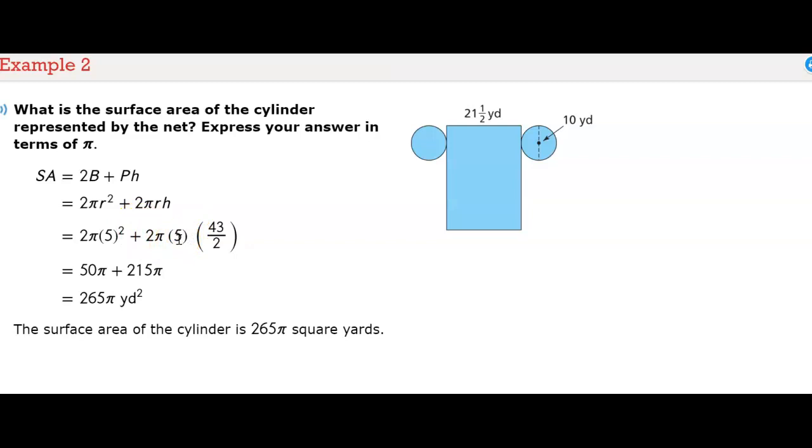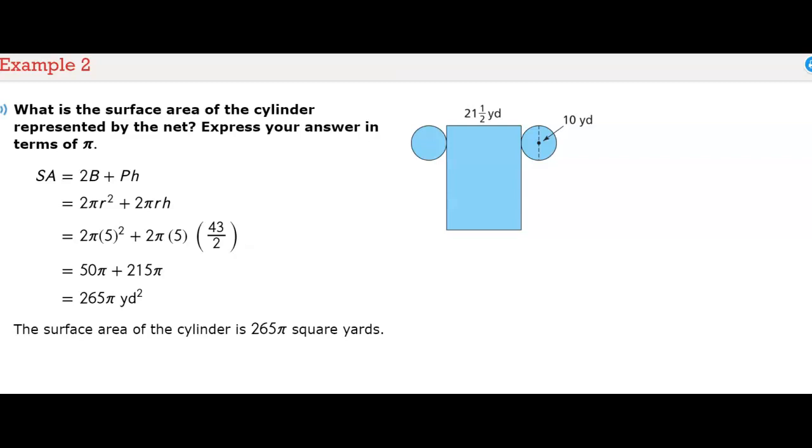And then the height in this case is 43 over 2, which is 21.5 written as an improper fraction.